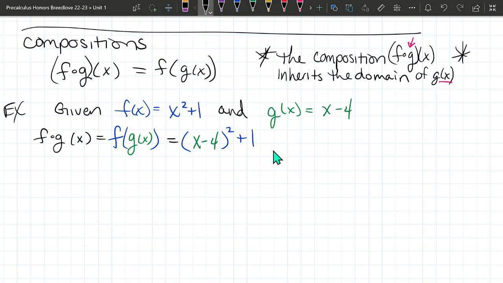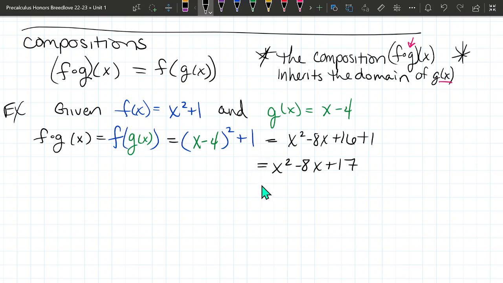And then we're going to simplify that. x minus 4 squared: we end up with x squared minus 8x plus 16. And then there's the plus 1 on the end. We'll combine the like terms. x squared minus 8x plus 17 is f of g of x.